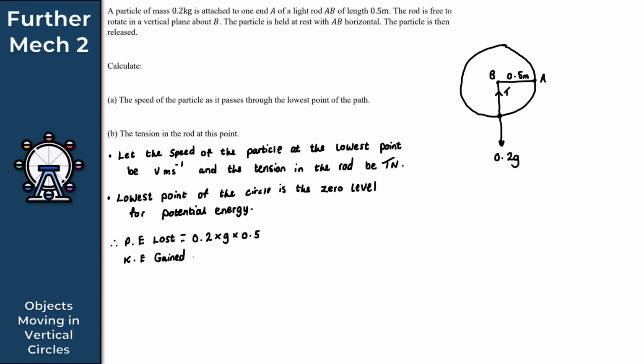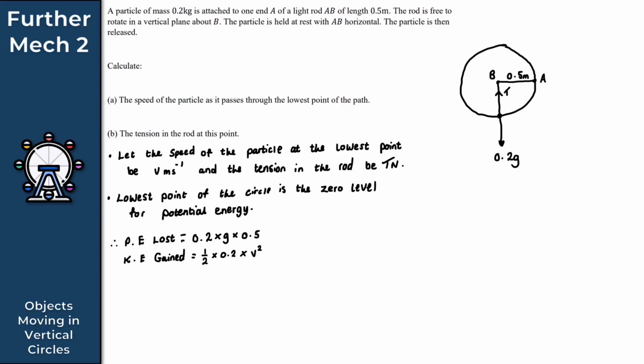For the kinetic energy gained, that's going to be a half mv squared, right? So I've got a half times the mass of the particle, which is 0.2, as we're told in the question, times v squared. At this point, we don't know what v is, where v is the speed of the particle at the lowest point.